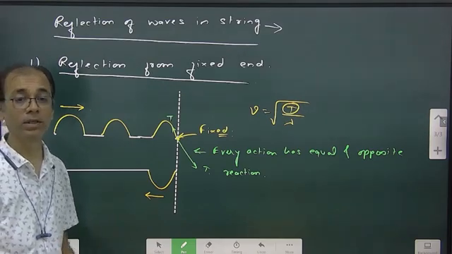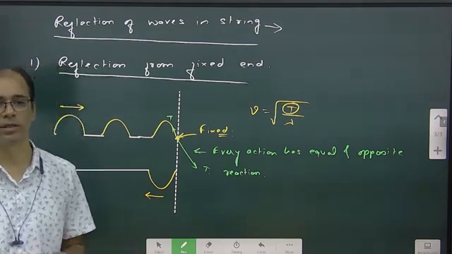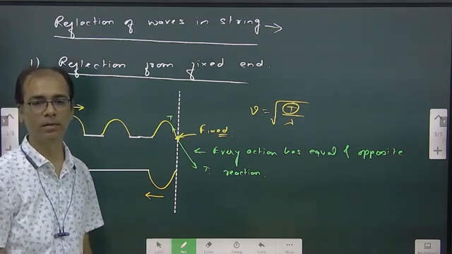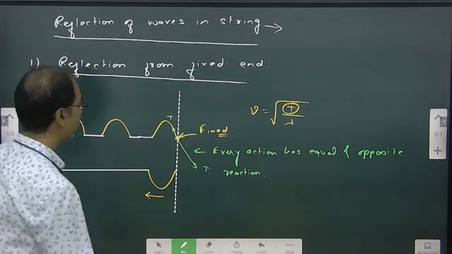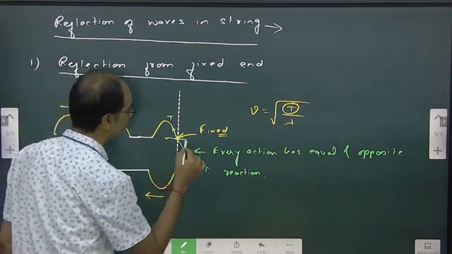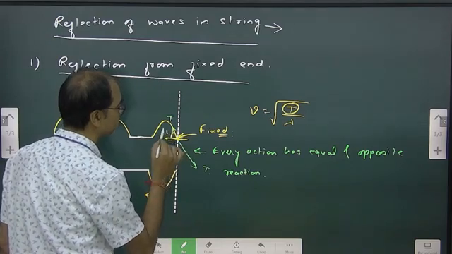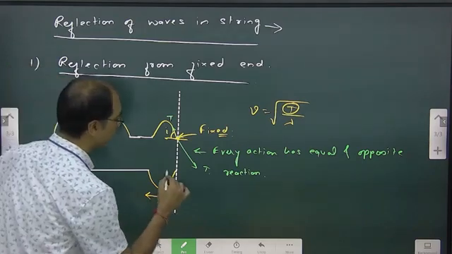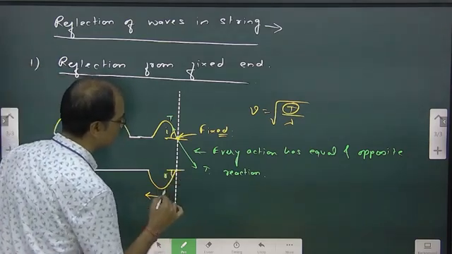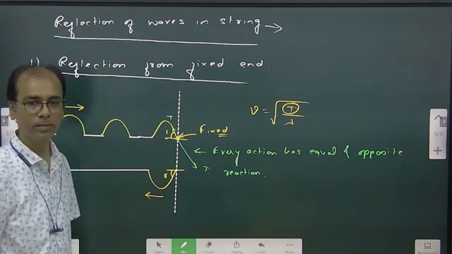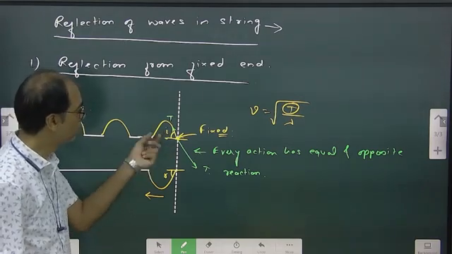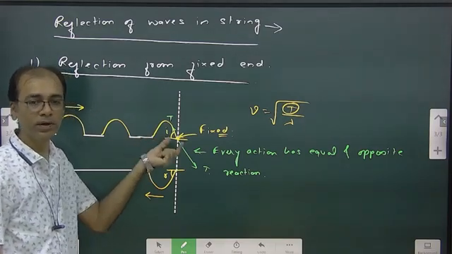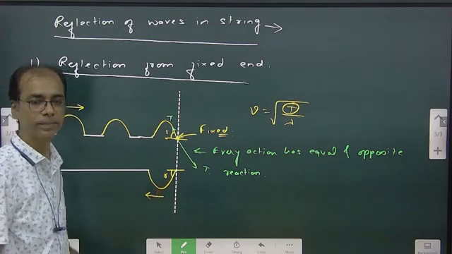One more way is there to explain it. We studied in ray optics the laws of reflection. What are the laws of reflection? The angle of incidence and angle of reflection should be equal. Okay, so if I consider this to be the normal, then this is the angle of incidence, and then this has to be the angle of reflection, and both need to be equal. That means this is how the pulse or the wave approaches the fixed end, and from the fixed end it goes in this way.